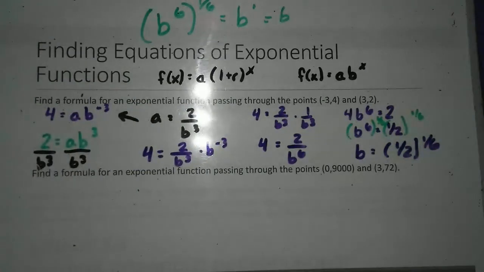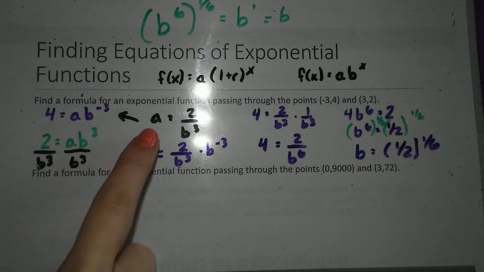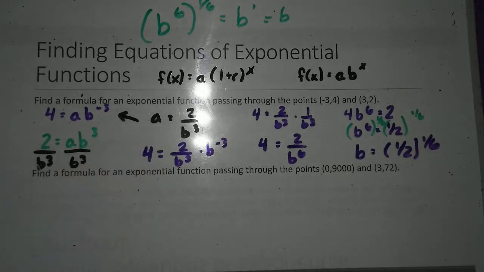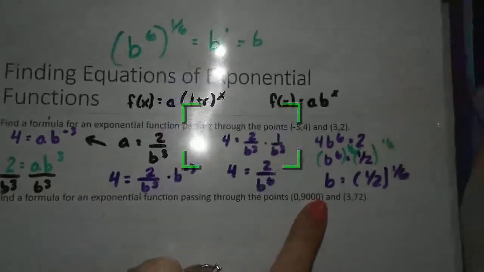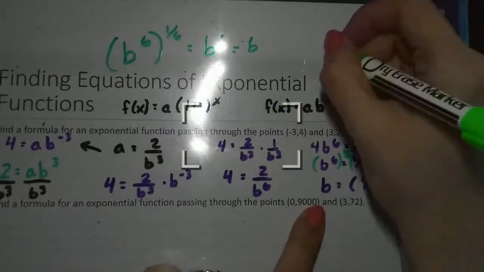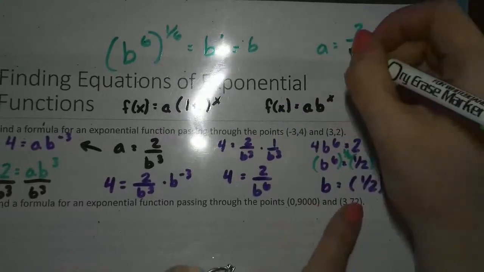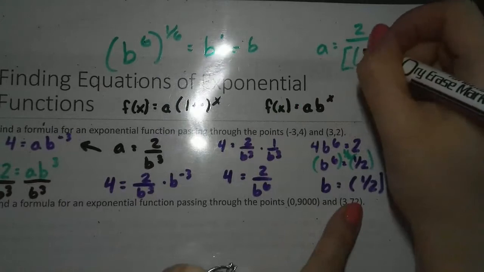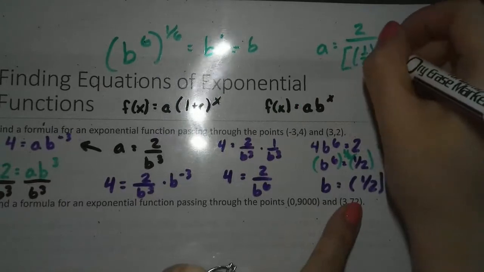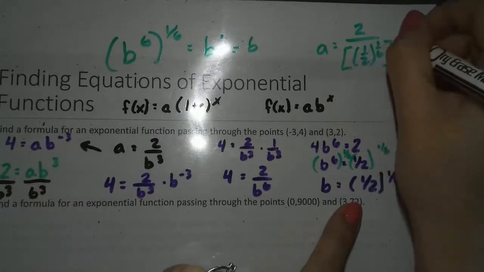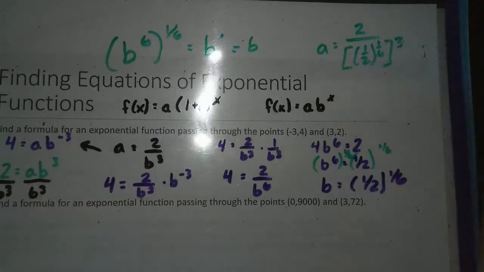Now that I know what b is, I need to find a. Well, we said a = 2 divided by b cubed. So let's work up here just so I have some more space. a = 2 over b, and b is (1/2)^(1/6), cubed.